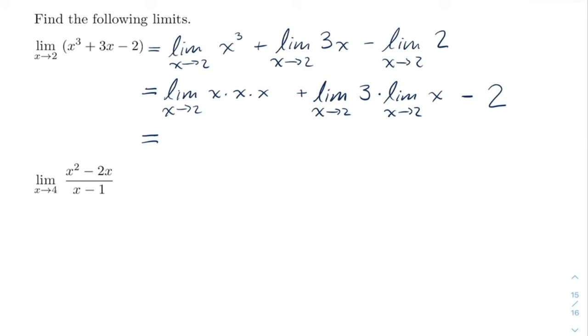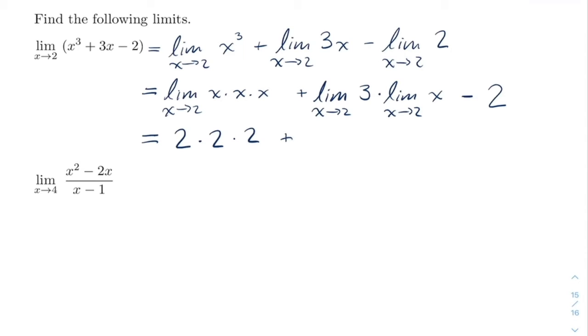For the first limit now, we have a product. We have to use property number 4 now 2 times because we have two products. But eventually we will get that it is the limit of x times the limit of x times the limit of x. And we have that the limit of x when x goes to 2 is equal to 2. So we will get in this case 2 times 2 times 2.